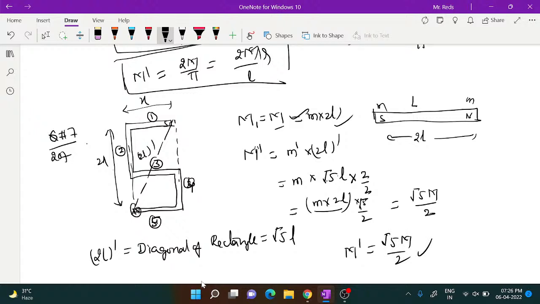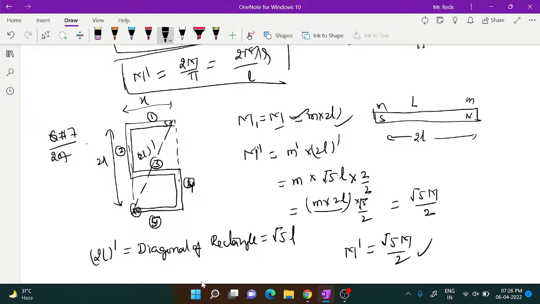Is there any such option? No, root 5. So we can take root 5 as first n by 5, n by 5, n by 5. Then after that only we can take this. So when we are bending in the shape of U, we take it as L by 3, L by 3, L by 3 because it is in equal parts and it is in three parts.